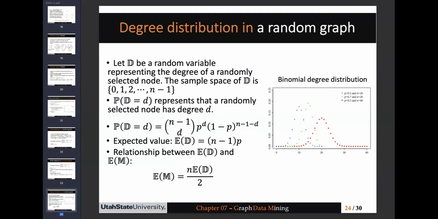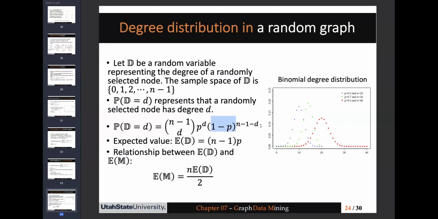But we choose d from this maximum possible number of neighbors in my random graph, times p to the power d, that is, p multiplied d times, which is the probability of having an edge with d neighbors. Then the opposite side as well, which is 1 minus p, the probability of not having edges with the remaining neighbors I don't have a connection with, to the power n minus 1 minus d.